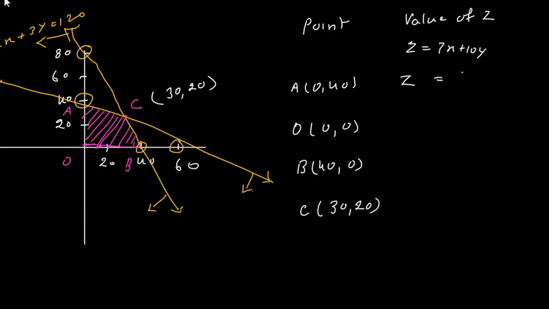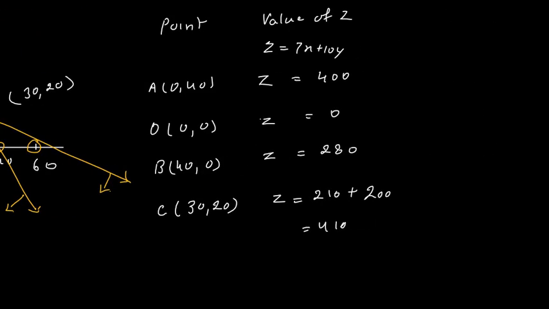Now the value of z here I will get 40 into 10 is 400. Here value of z I will get 0. Here value of z I will get 280, and here value of z I will get 210 plus 200, that is 410. So I get maximum profit.